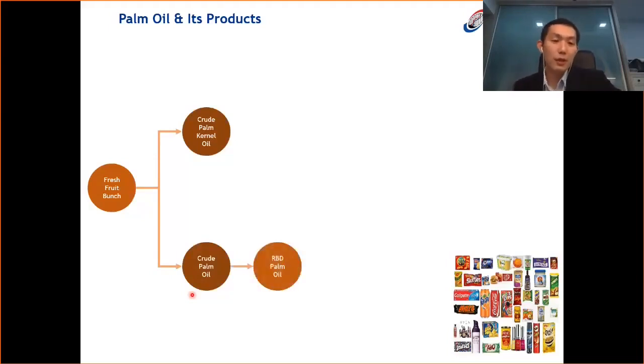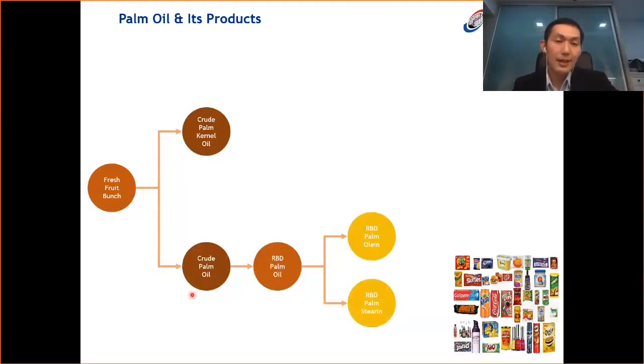After crude palm oil is refined, you will have RBD palm oil, which stands for refined, bleached, and deodorized palm oil. You can further refine it into two other products, which are palm olein as well as palm stearine. The same goes for palm kernel oil, the oil from the seed itself. You can further refine it into other products as well.